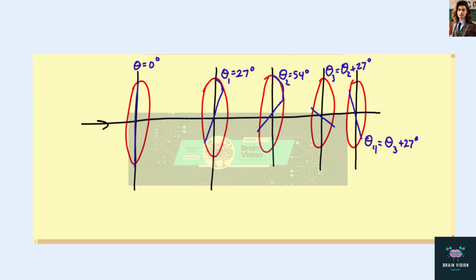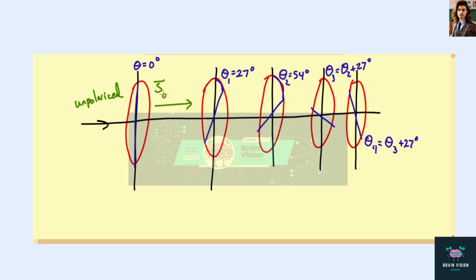And the question is, how many of those analyzers will we need following that same pattern in order to reduce the intensity of light that strikes the first analyzer by a factor of 100? So we have unpolarized light over here, hits the polarizer, then it comes through with some intensity.